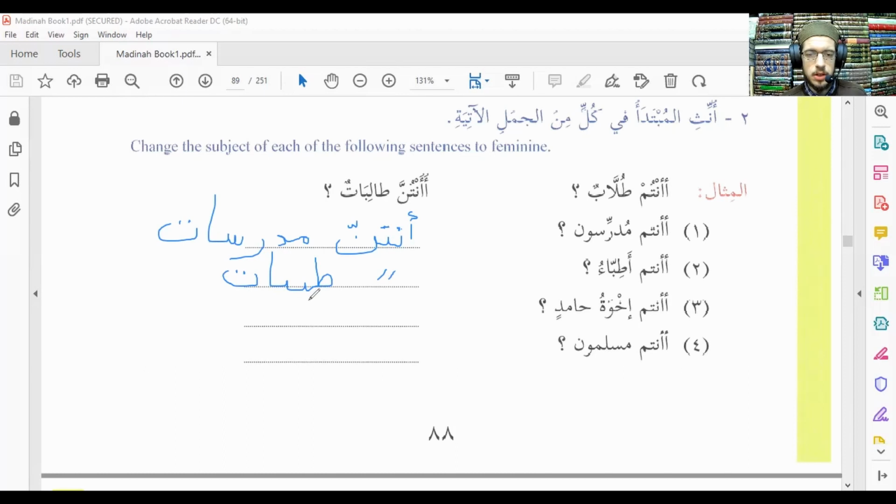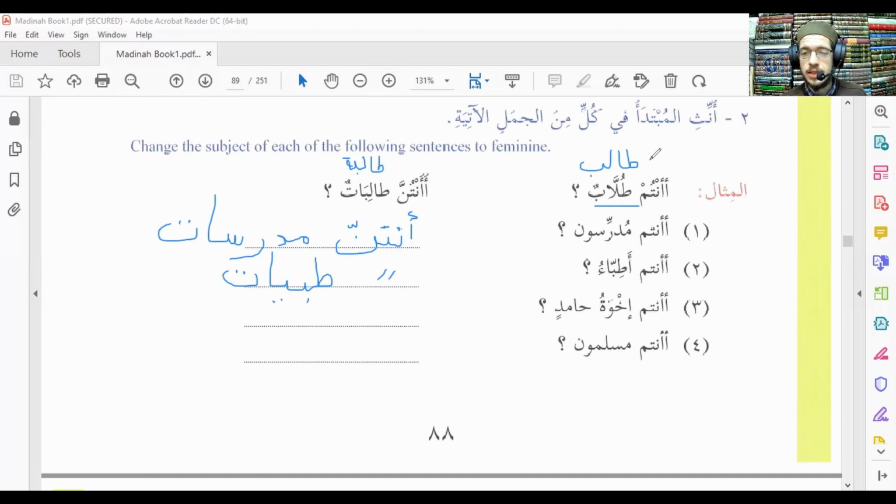Notice here we have a couple interesting things going on. Right, so طلاب was a broken plural, a جمع تكسير, but it comes from the masculine singular, طالب. If you go to the feminine singular, طالبة, this is a different singular, and so we get a sound feminine plural from that singular.